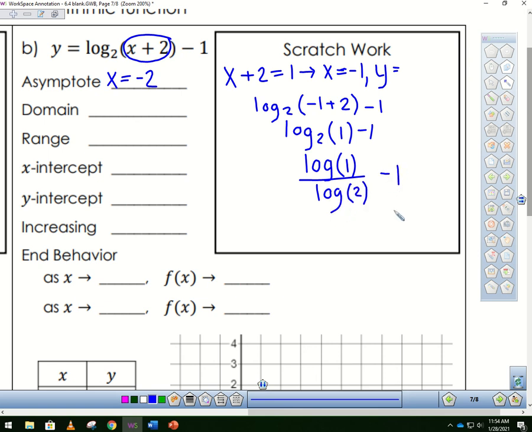We would do that calculation in the calculator, and we should get -1.